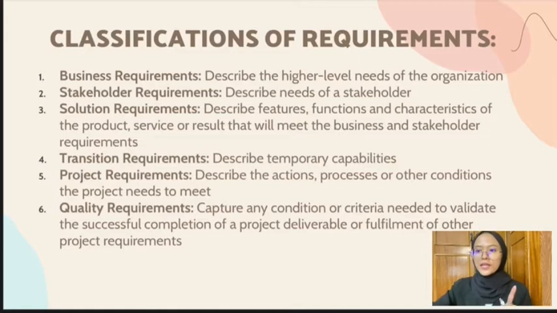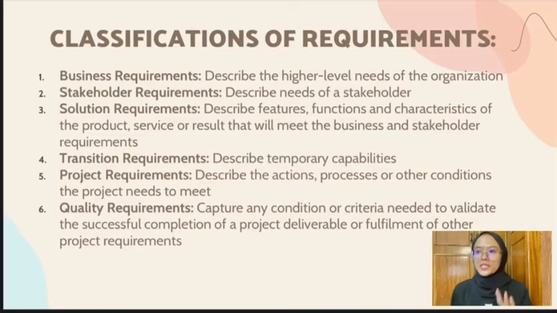The first one is business requirements. Business requirements describe the higher-level needs of the organization as a whole, such as the business issues or opportunities and the reasons why a project has been undertaken. The second one is stakeholder requirements. They describe the needs of a stakeholder or a stakeholder group.